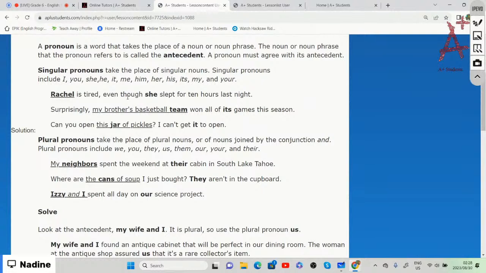Then: Izzy and I spent all day on our science project. If we identify the antecedent within that sentence, we would choose Izzy and I. Izzy and I is the antecedent, and the pronoun is our.